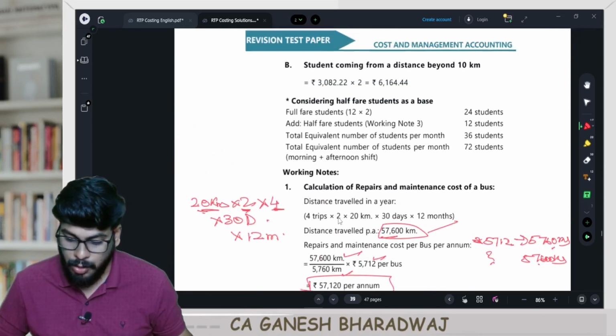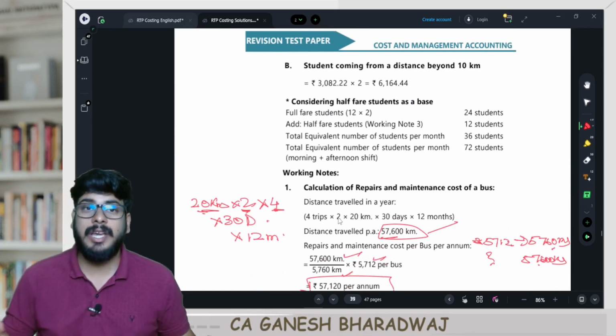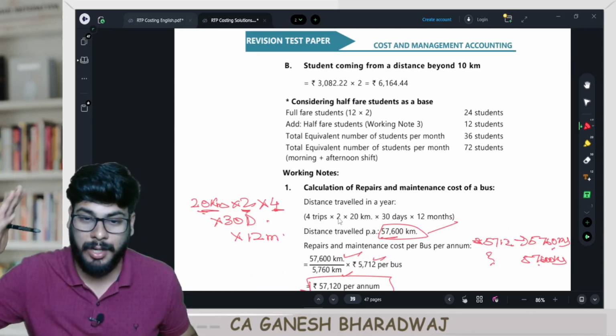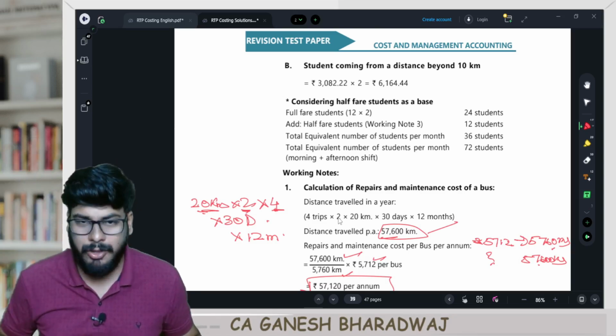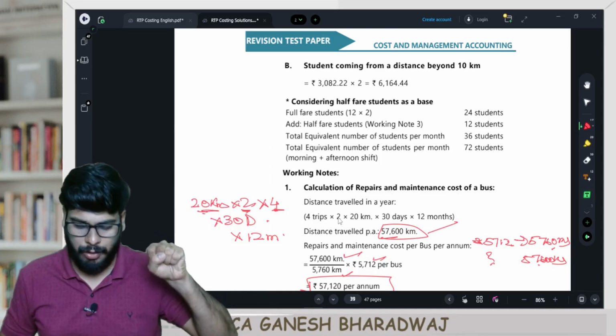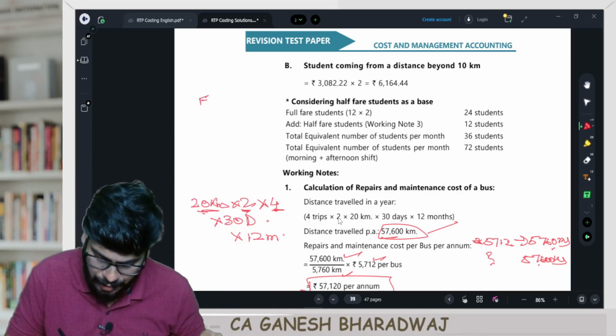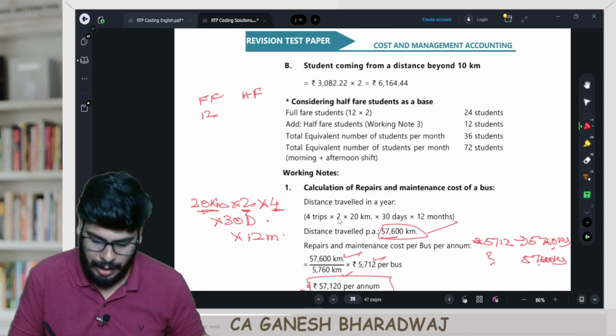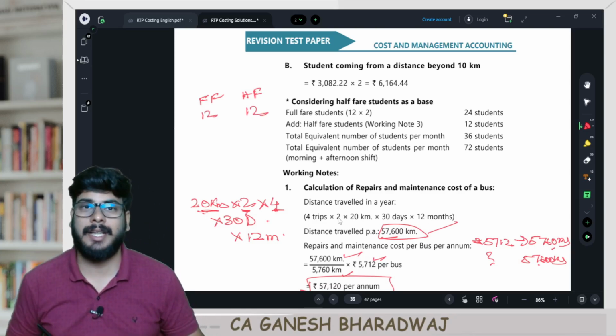Now, what we are trying to do is we are converting every student into an equivalent half ticket student, half fare student. So now you tell me, in the morning batch alone, how many full fare students are there? How many half fare students are there? 12 full fare students are there and 12 half fare students are there. Correct?